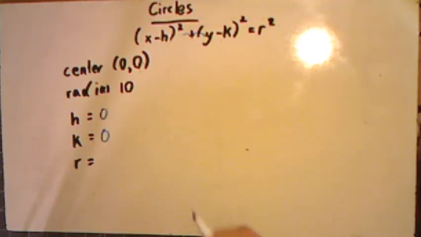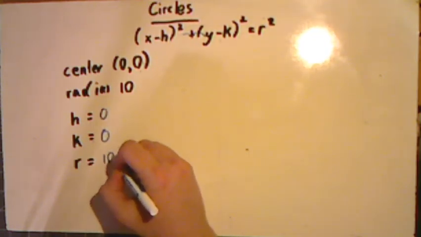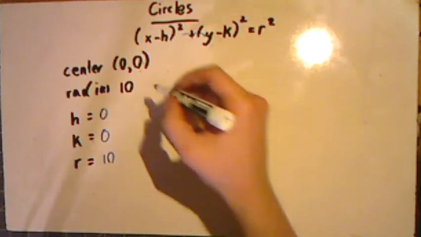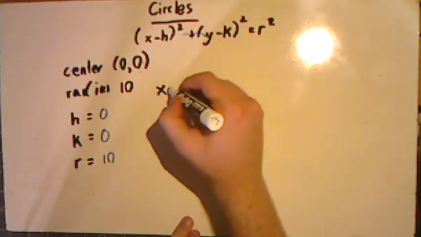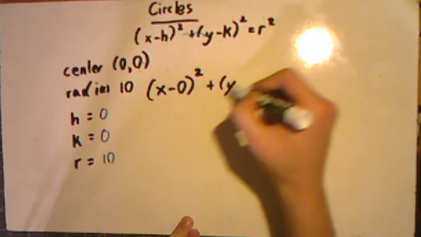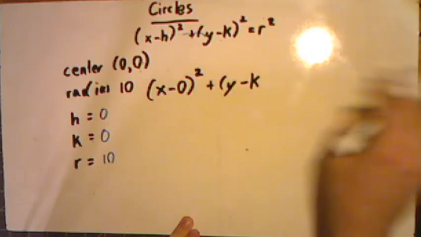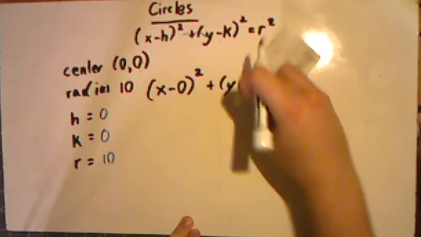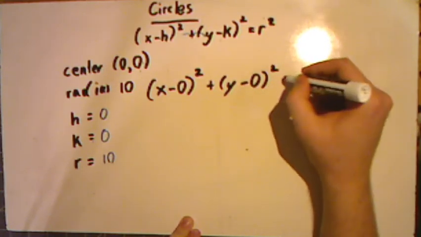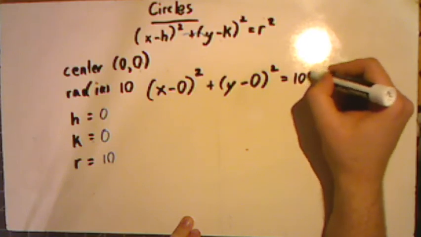If our h and k is 0 and our radius is 10, when we plug into this equation, we end up taking, and this is technically the longer form, x minus 0 squared plus y minus 0 squared is equal to 10 squared.